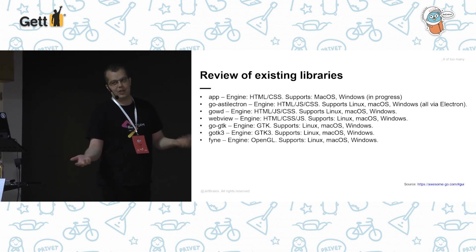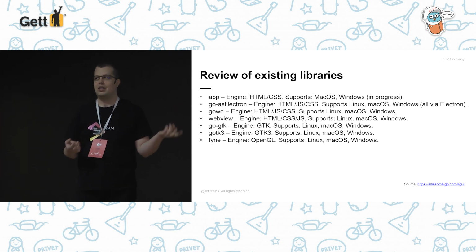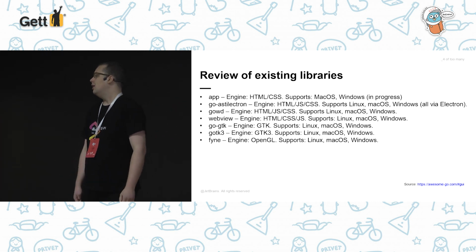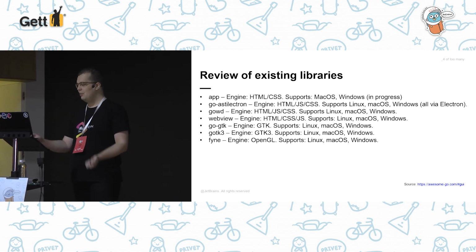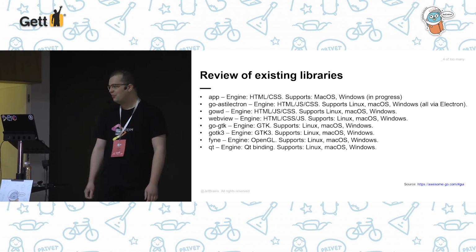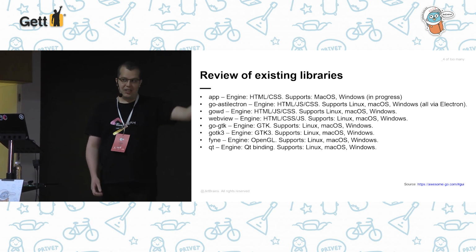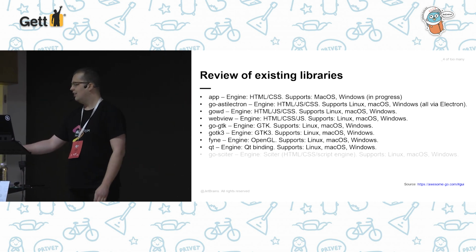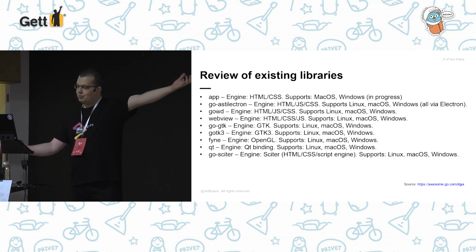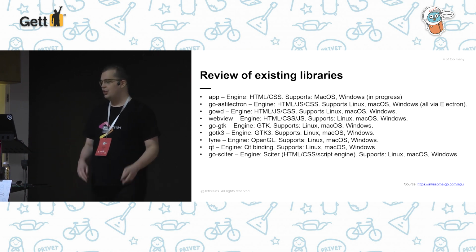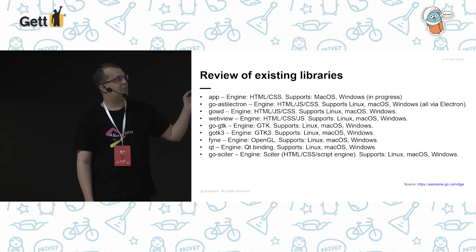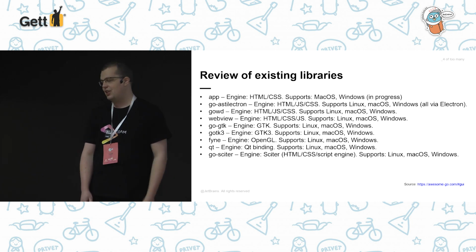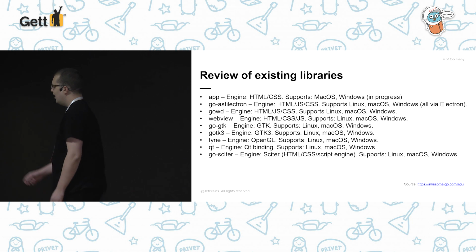There's this new framework which was just released as 1.0. Again, this one kind of works. It supports OpenGL, so not really my requirements either. There's the Qt bindings, if you want to start that. There's a custom framework for an engine called Citer. Never played with it, but it seems, again, something along the lines of HTML and CSS.